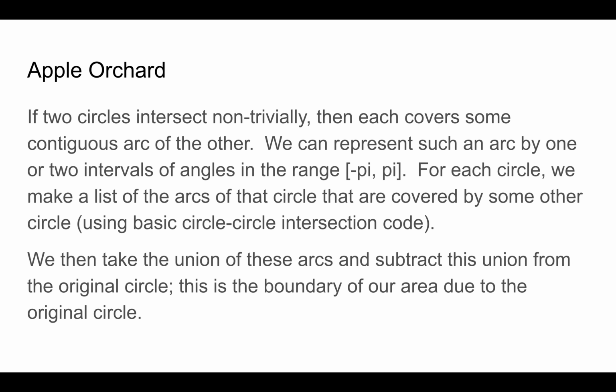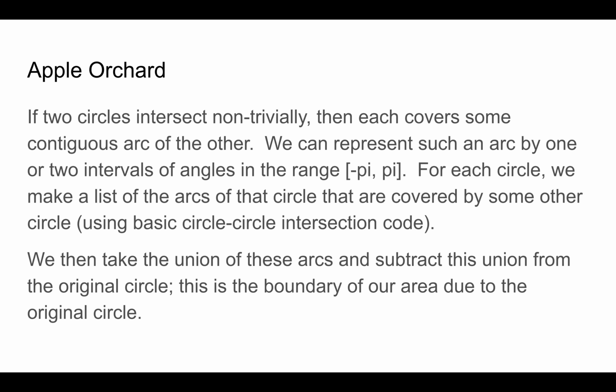If two circles intersect non-trivially, meaning one's not entirely within the other, then each covers some continuous arc of the other. That arc can be represented by an angle interval of the angles covered. In order to keep our angles between negative pi and pi, we may need to split such an interval into two if it crosses the negative y-axis.